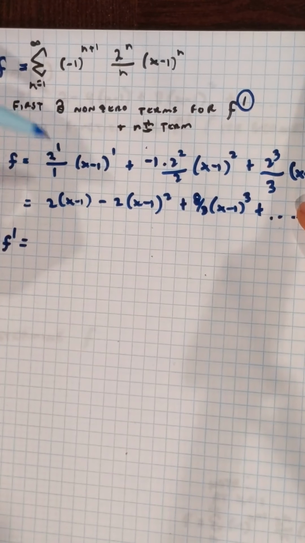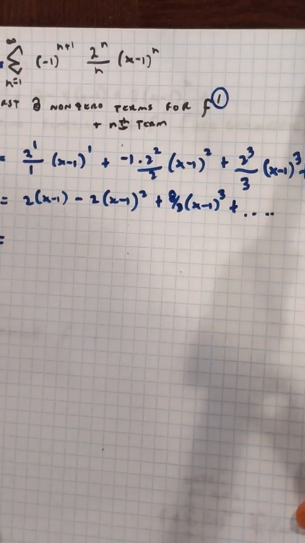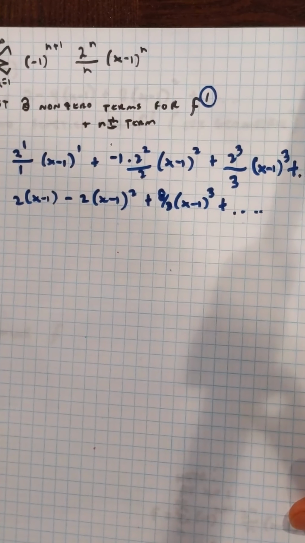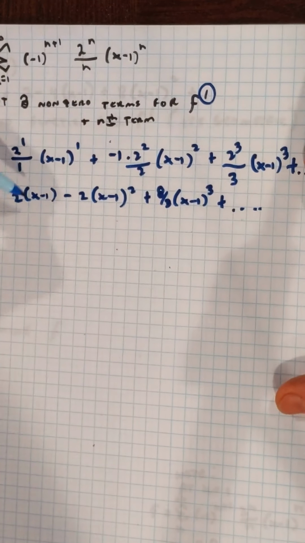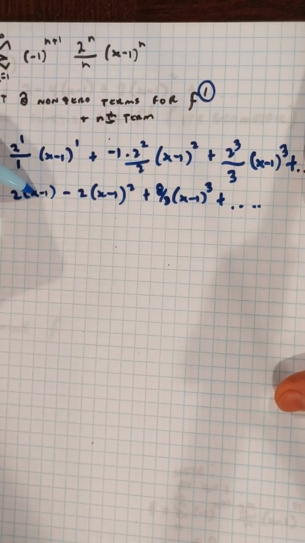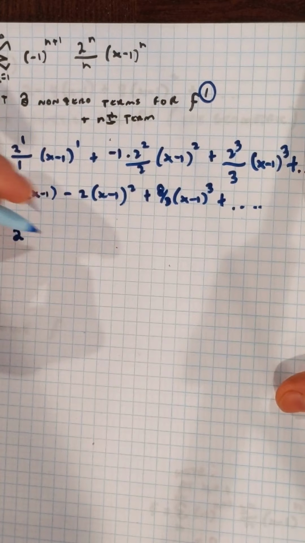Remember, we're taking a derivative of the variable part only. My variable part is here. I've got x. Take the derivative of x, you get 1, so this is just 2.